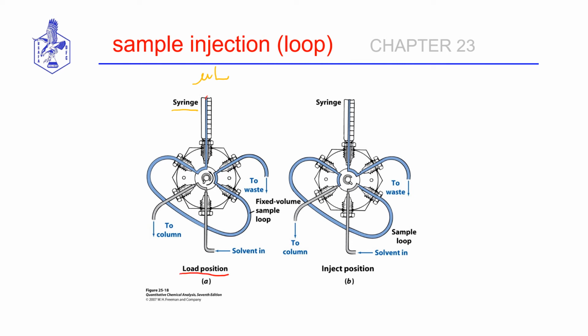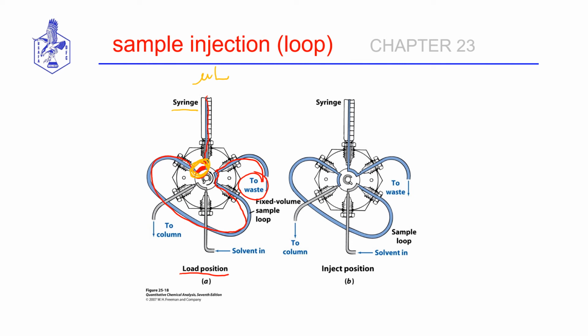So we inject our sample. Okay, we have a precise little plug of our sample right there, and the excess gets pushed out and into waste. So now I've got this little plug of my sample ready to be swept onto the head of the column.